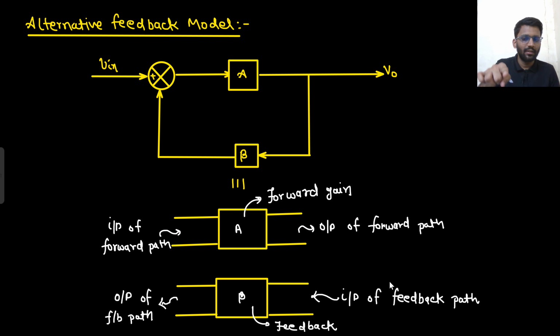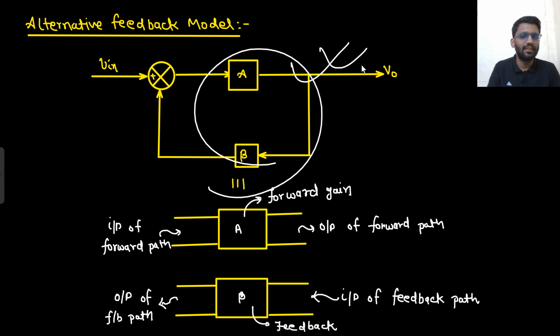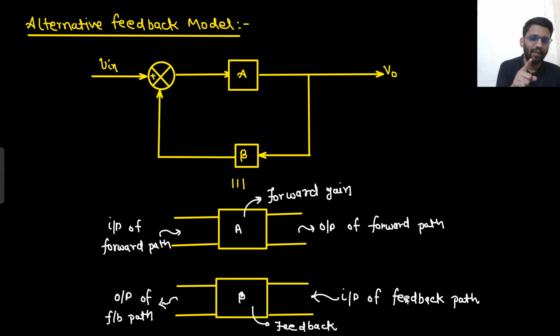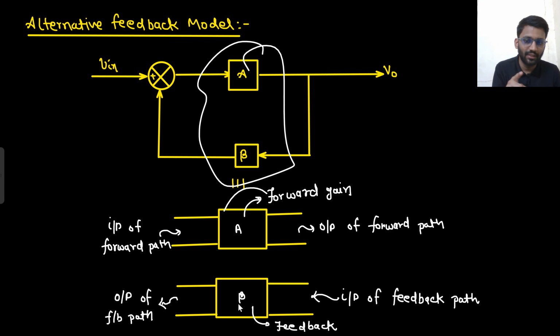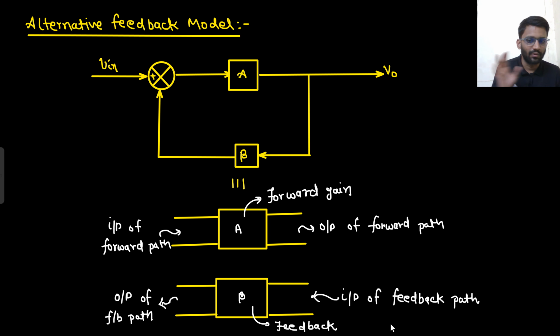We can show it by this method as well, but we generally avoid it when we are studying MOSFET amplifiers. When we see the feedback topology of MOSFET amplifier, we generally avoid this, but we can show it in this manner as well. I will deal one question probably in op-amp part when we study op-amp, where I will ask you to draw this diagram instead of this diagram. So you can wait for that question, but generally we show it like this.